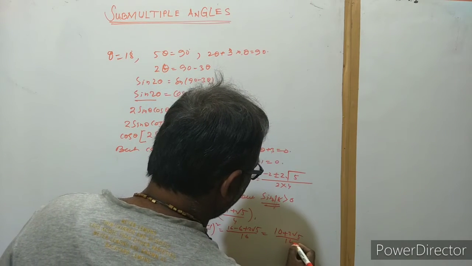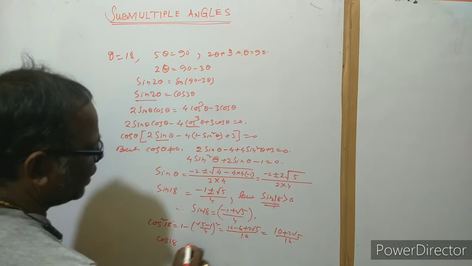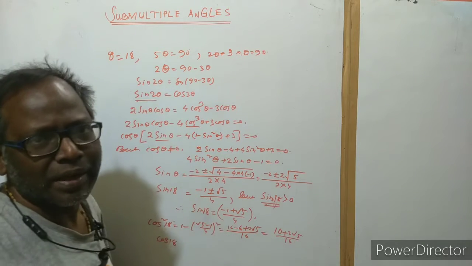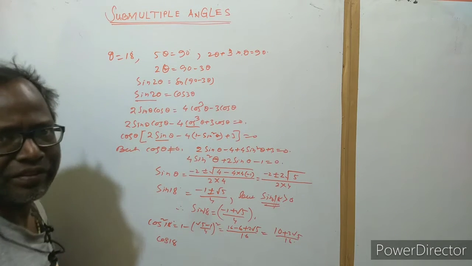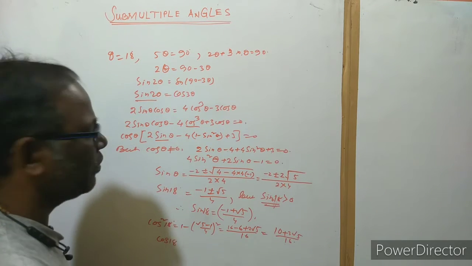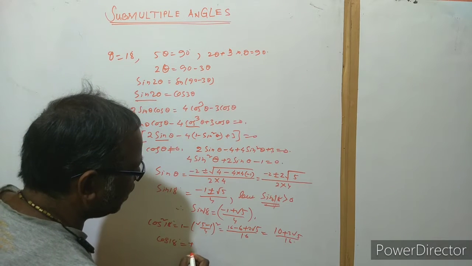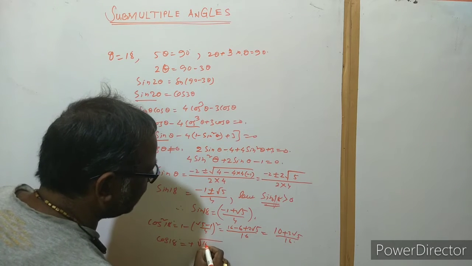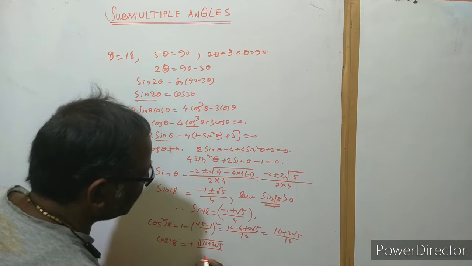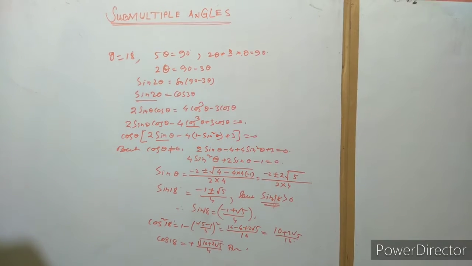Now if we take the square root we get plus minus, but we don't take the negative sign, as 18 lies in the first quadrant. So cos 18 is more than 0, so we take only the plus sign: root over 10 plus 2 root 5 by 4. This is the value of cos 18.